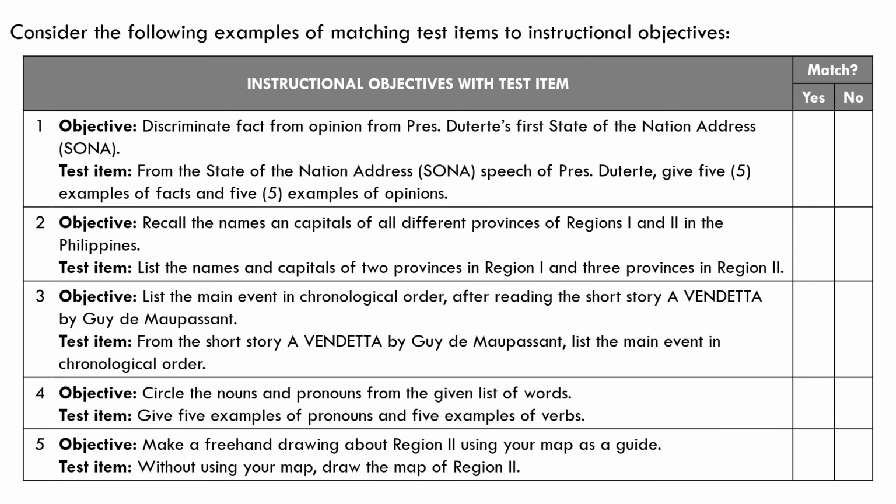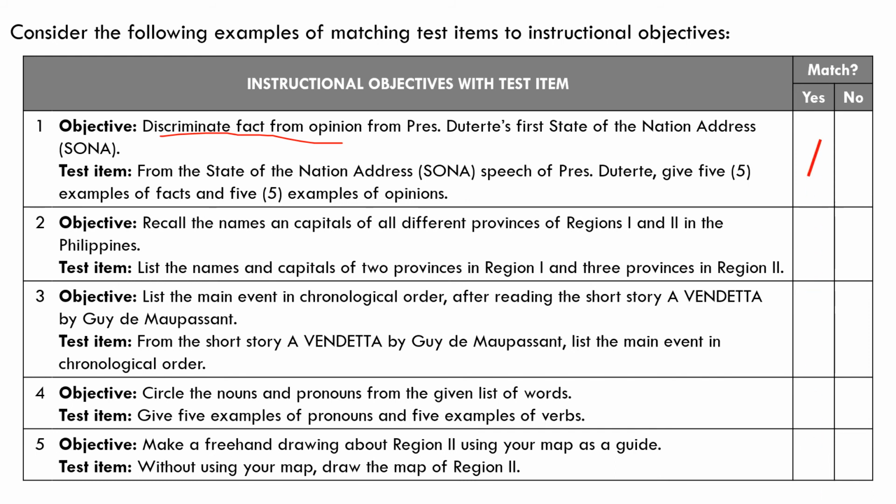Now, to make what I said clearer, let's look at item number 1. The objective is to discriminate fact from opinion from President Duterte's first State of the Nation address. Now the test item is: from the State of the Nation address speech of President Duterte, give 5 examples of facts and 5 examples of opinions.